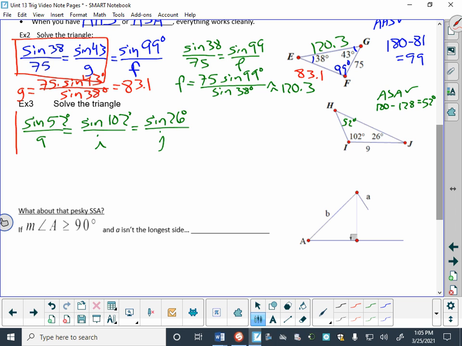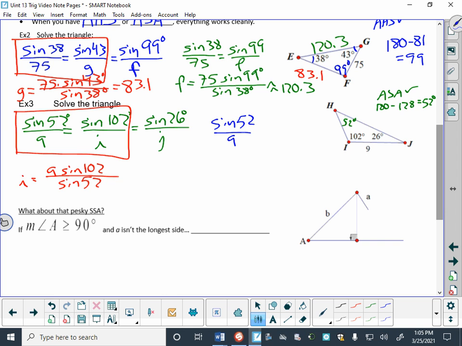I'll grab this one and do my cross multiplication. The I will be 9 times the sine of 102 over the sine of 52. My other one, if I set it up and use the sine 52 over 9, and I want to keep using this one that gave me the apparently most accurate numbers.